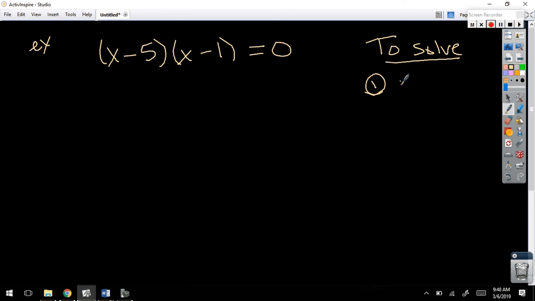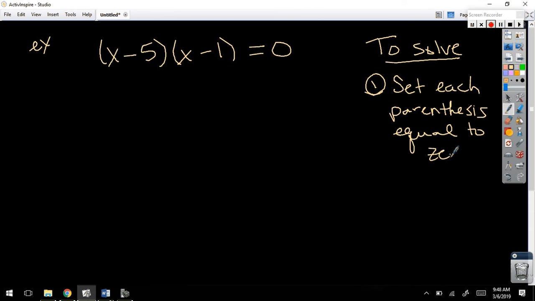So we set each parenthesis equal to 0, right? Because we have two things multiplied together to give me 0. By the zero product property, if two things multiply to 0, then one or both of them must be 0. So x minus 5 must be 0, or x minus 1 must be 0.